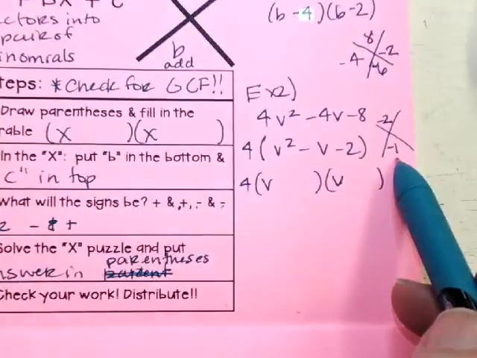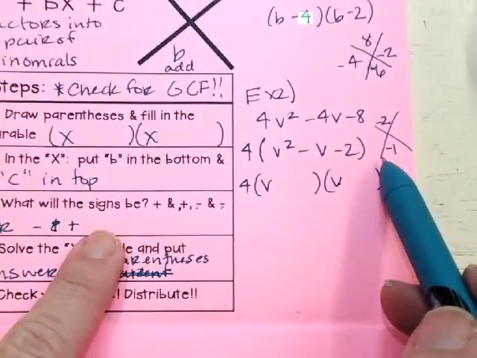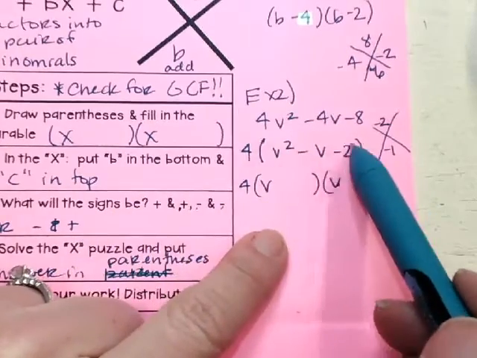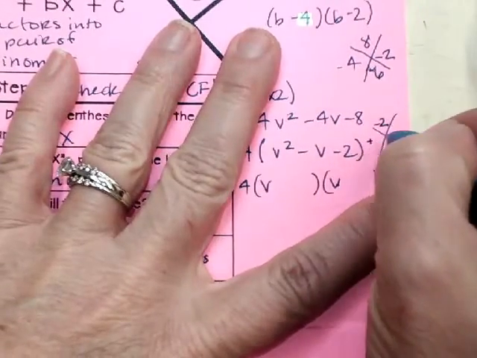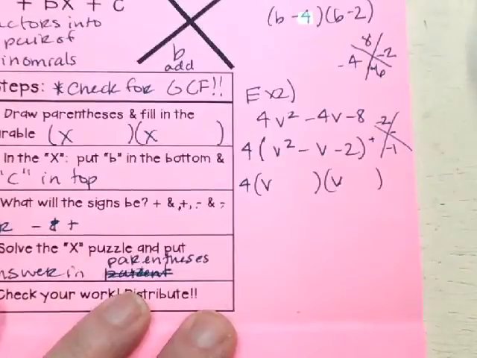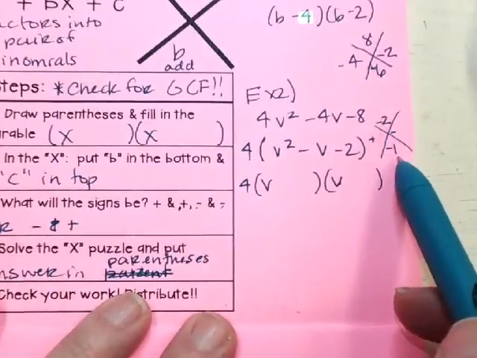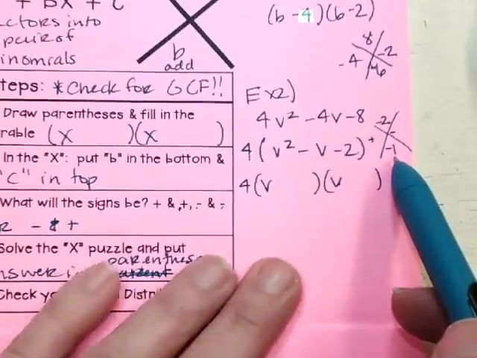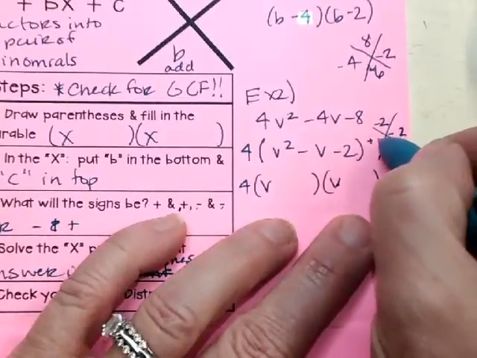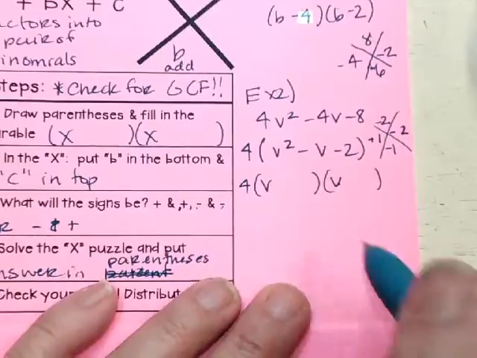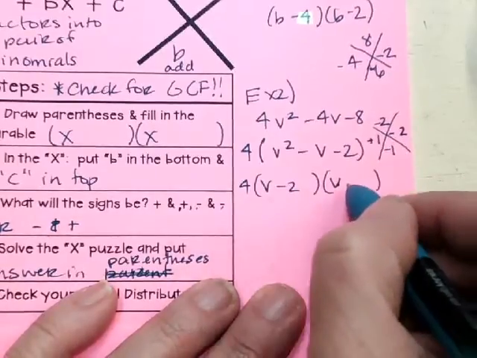And we just said with the signs, if your C term is negative, then you're going to have a positive and a negative factor. So my only factors of 2 are 2 and 1. And if I've got to add them up to get a negative 1, then I have to have a negative 2 and a positive 1. So it's v minus 2 and v plus 1.